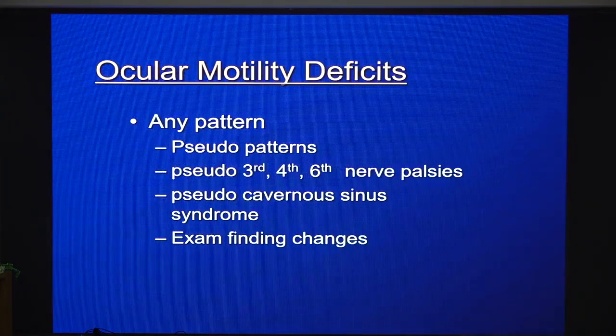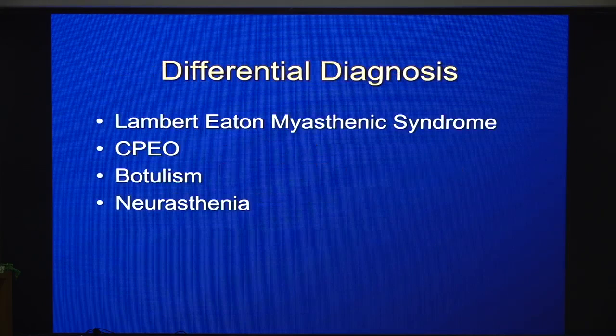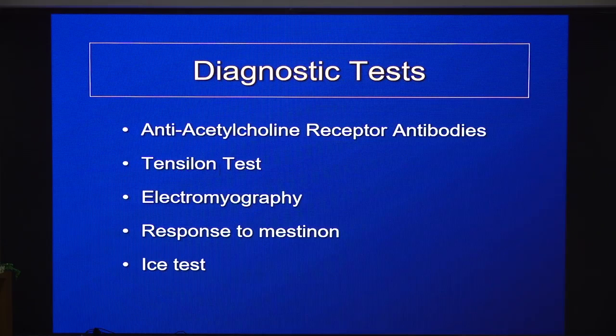I'll skip these slides. Ocular motility deficit should also be noted, like pseudo patterns, Duane's and all. Sometimes they have pseudo third, fourth, sixth nerve palsies and some sinus syndromes. These are the diagnostic tests for myasthenia gravis: anti-acetylcholine receptor antibodies, Tensilon, electromyography, response to Mestinon, that is giving a trial of physostigmine, and the ice test, putting ice on the closed lids and seeing within 2 minutes whether there is an improvement in the lid height or not.